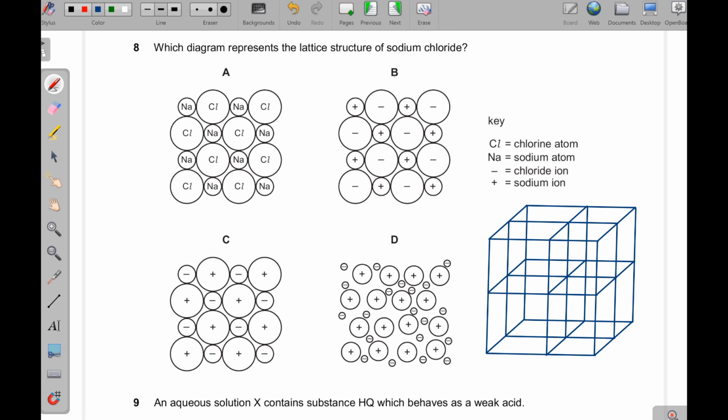Now I'm going to use these colors. If red is for sodium, then chlorine has to be here. Let me put it in green. Chlorine here. Then we shall also have chlorine here, then also chlorine here, and chlorine here.